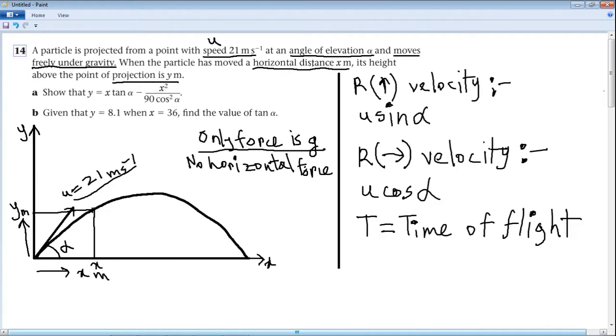Now let us talk about what is meant by horizontal distance and what is meant by projection y meter.